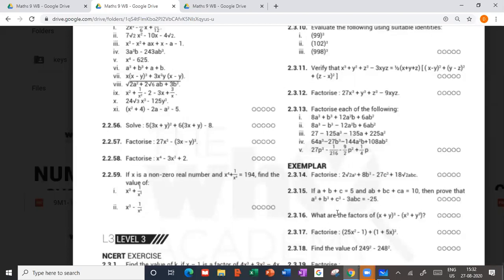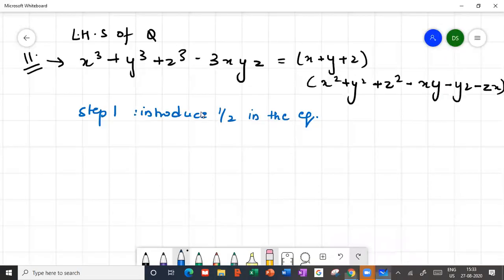It is x minus y whole square plus y minus z whole square. That I got. So we will work with this. We'll then work with the LHS.